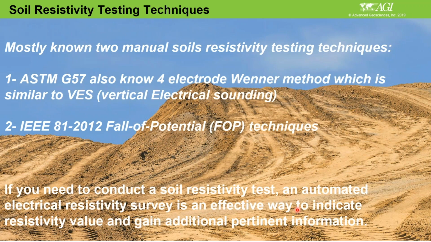This is typically described as the Wenner method, whether you do it in a lab measurement or an in situ measurement. Either you do a sample measurement, or you do a typical vertical sounding. So typically this is the Wenner method.